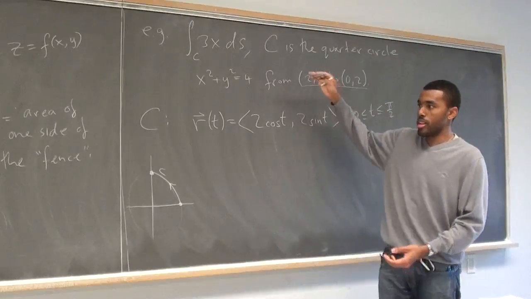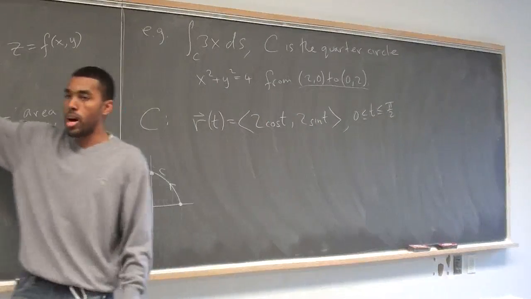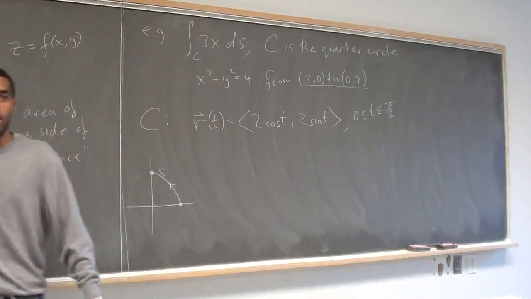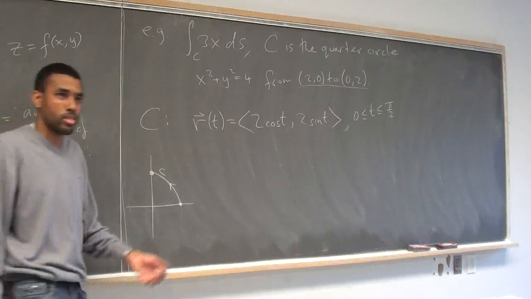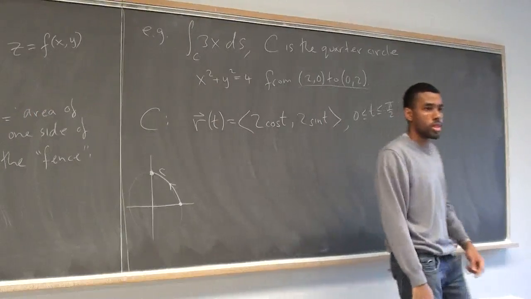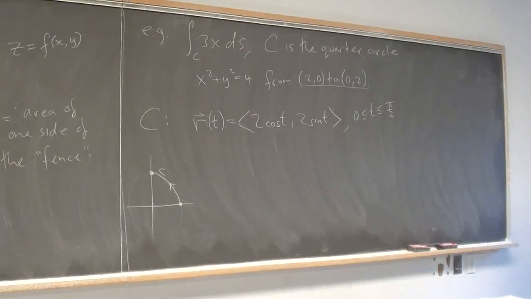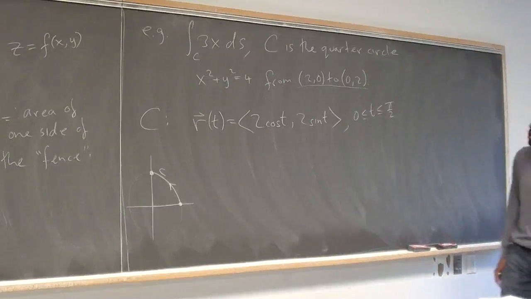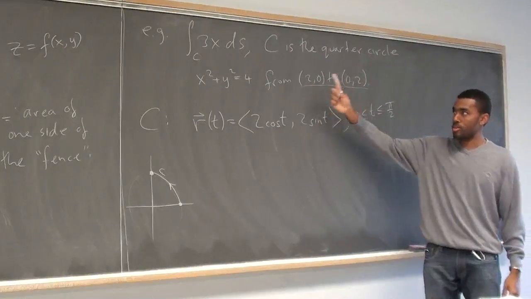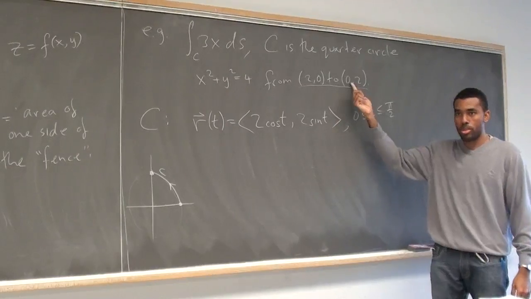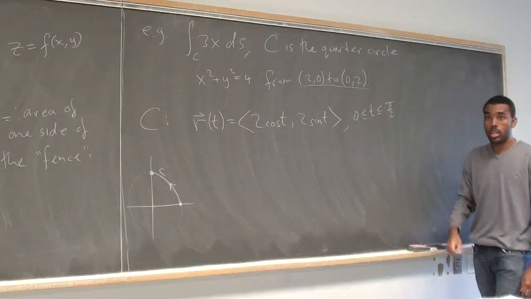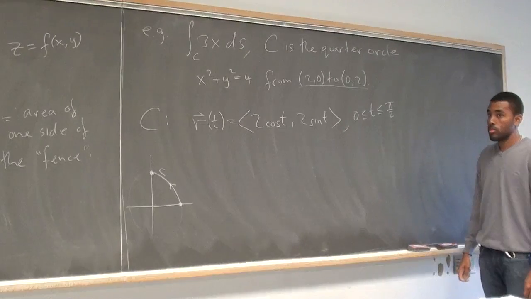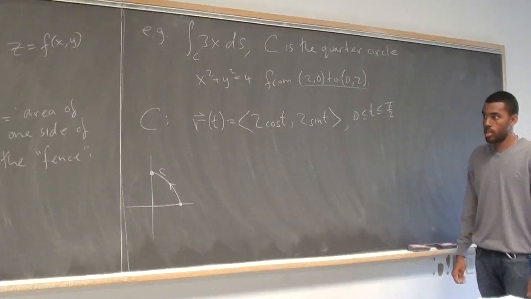At one part of your curve, your function could be positive, whereas in some other region, your function is negative. So you don't just randomly pick a region. You focus on a particular region. They'll always tell you exactly where they want. I want the quarter circle, the part that moves from this point to that point. Negative area is possible, yes, the net area.